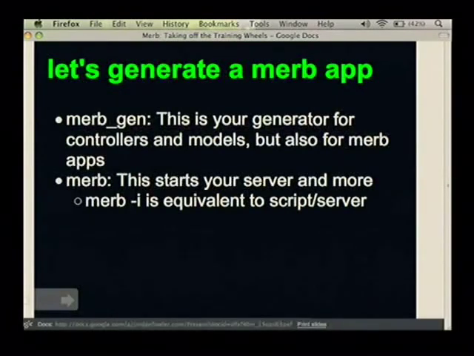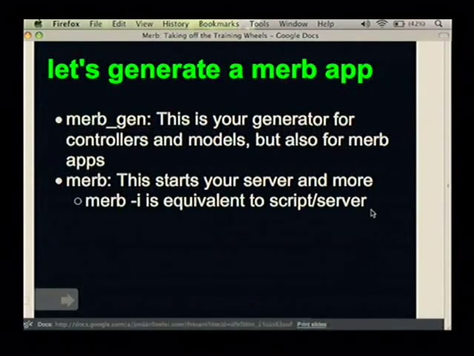Before 0.9, it was just the merb command, but now there are two: merb and merb-gen. Within the last two weeks, that's changed. So merb starts your server, and merb -i is IRB to mess with your environment in a shell.